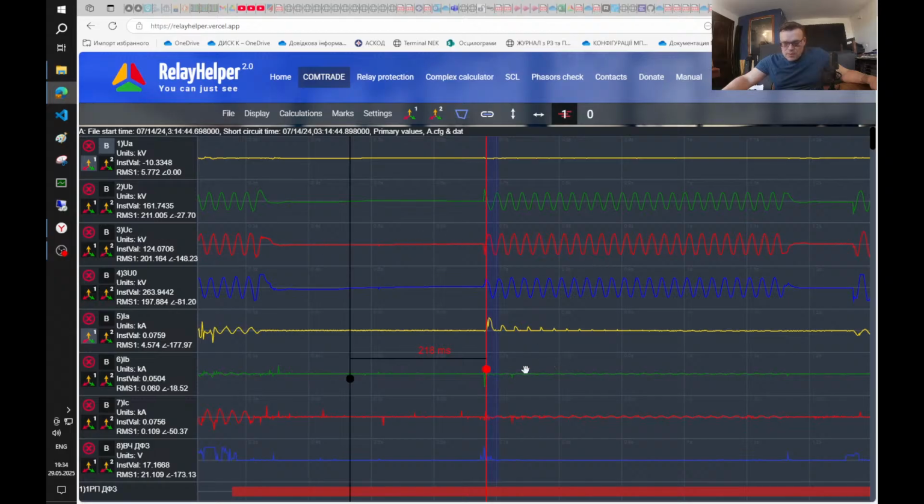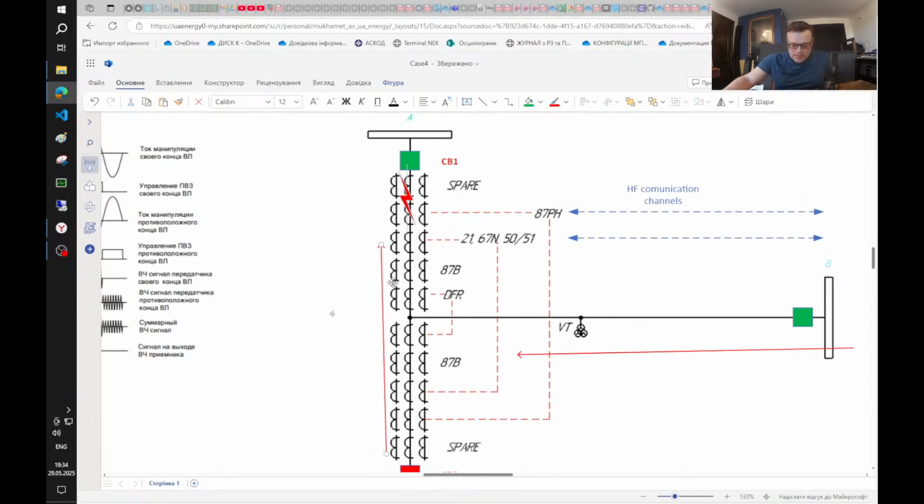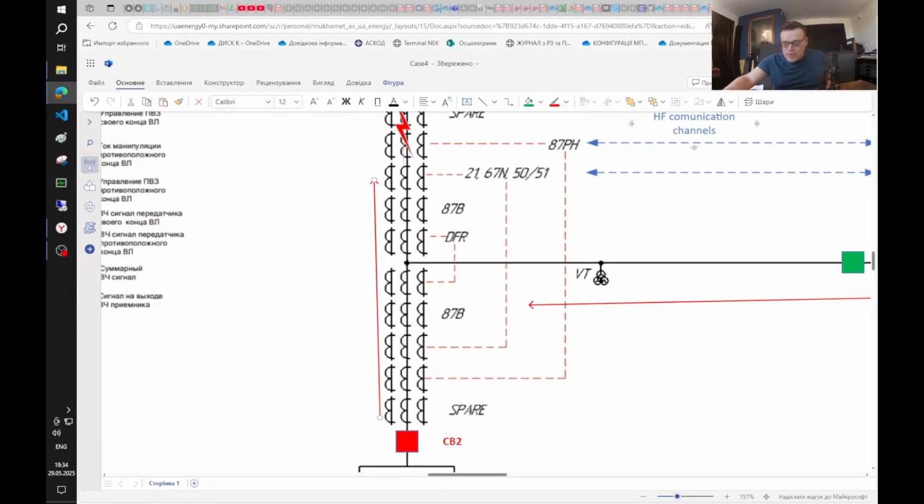So this time of the voltage that appeared on the line, this is the time of the breaker failure protection and tripping time of that second circuit breaker.